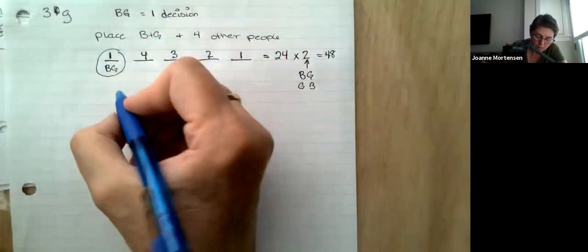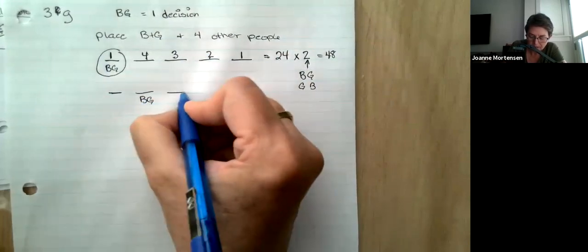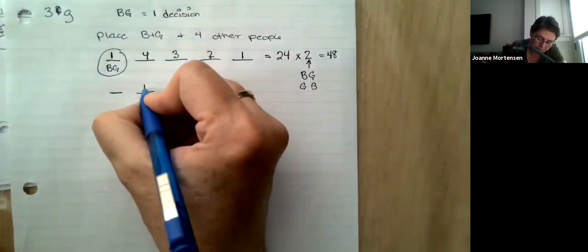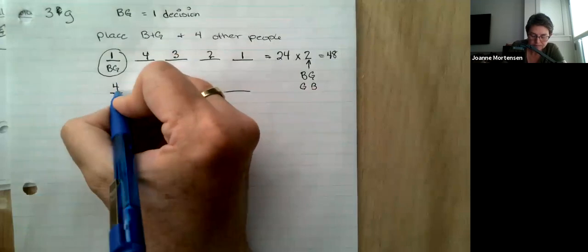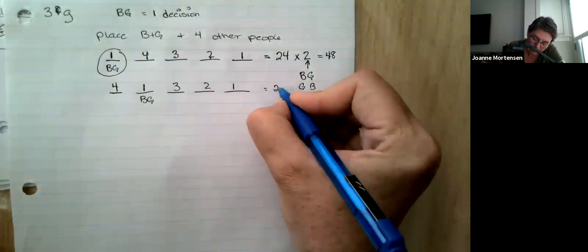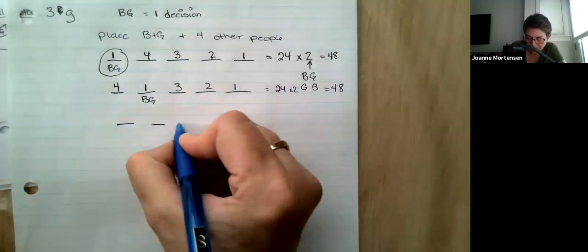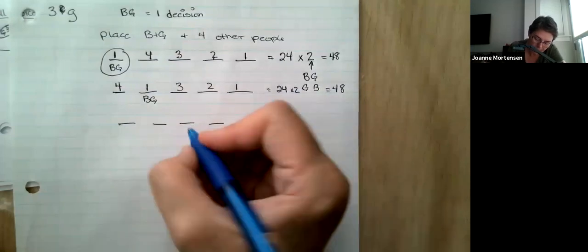So they can be in the first spot. Or we could have someone else and then Beth and Gloria. 1, 2, 3, 4, 5. So 1 there. Now 4 people, then these 2, and then 3, 2, 1. And if you notice the numbers are the same, it'll be 24 times 2 is 48. Now we'll put them here.